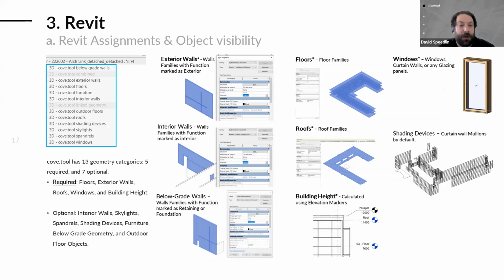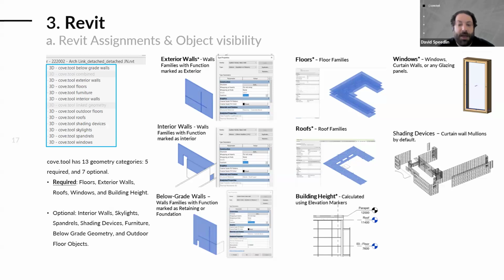For the process of getting the correct geometry in the correct manner into the plugin, the plugins use a geometry's front face and back face properties to determine orientation, and then they're categorized.